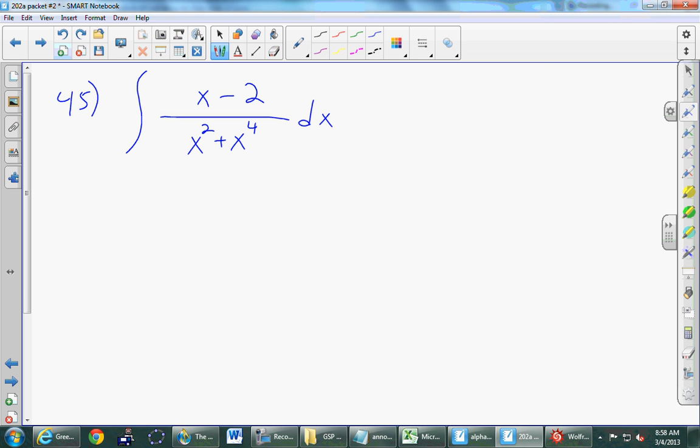My next reaction is that the bottom factors, and if the bottom factors, I think partial fractions. So that's my thought process for this one. And then I would factor the bottom. X squared comes out. 1 plus x squared is in.